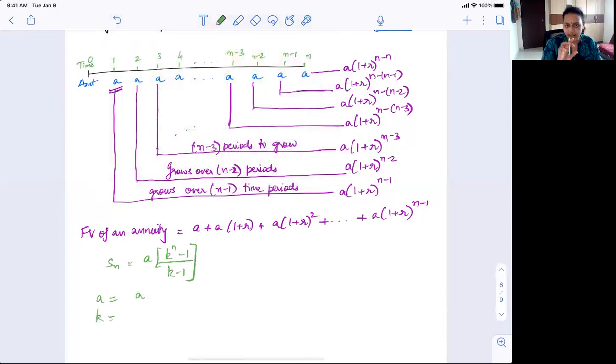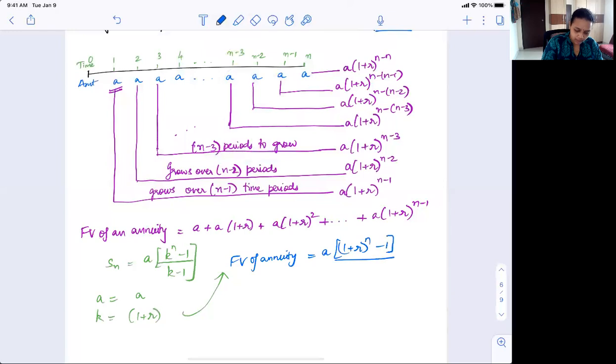K is the factor by which you multiply each number to get the next one, and that is 1 plus R. So plugging in these values here, the future value of the annuity is going to be A times ((1 plus R) to the power n minus 1) divided by ((1 plus R) minus 1). It just becomes A divided by R times ((1 plus R) to the power n minus 1). And that is the future value of the annuity.